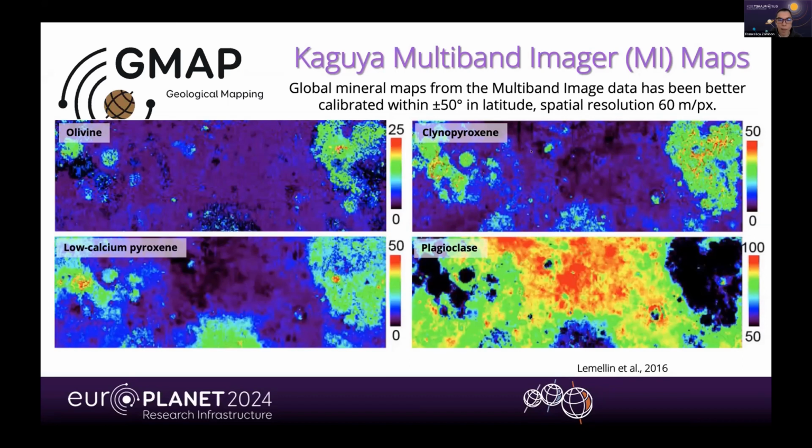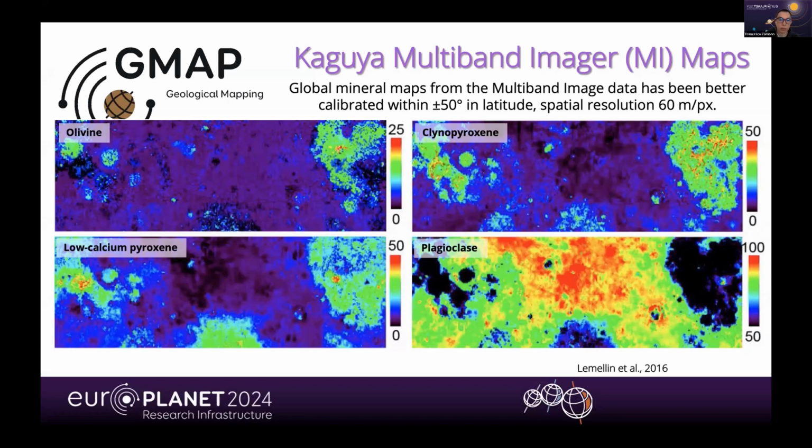They use this map between minus 15 and plus 15 degrees in latitude, because the other region, the high latitude region, has problems with the calibrations. And also the spatial resolution is very good, about 60 meters per pixel.